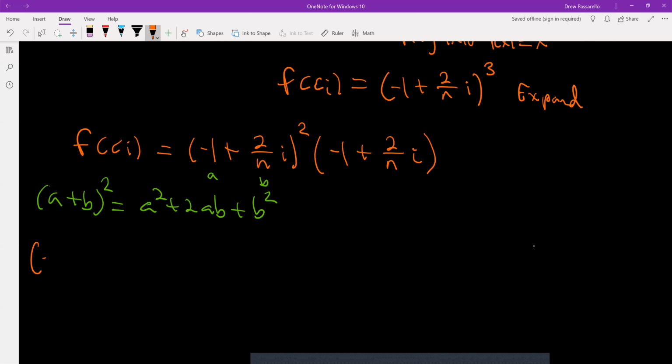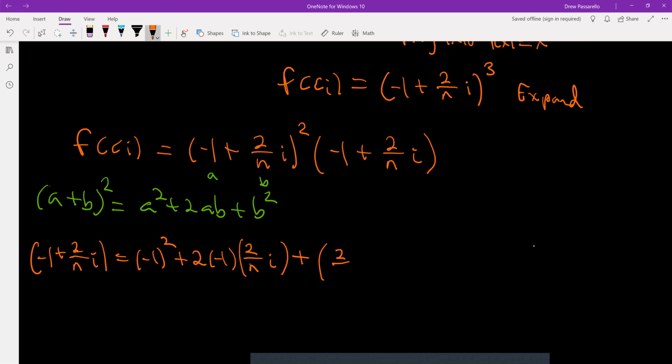So when we do (-1 + 2/n · i) squared, that's going to be (-1) squared plus 2 times -1 times b, in this case 2/n times i, and then plus b squared, that's plus (2/n · i) squared.